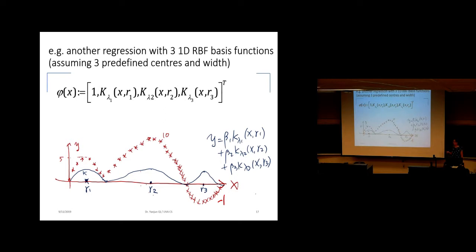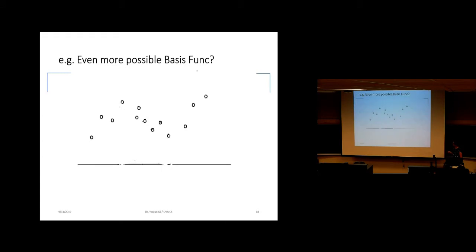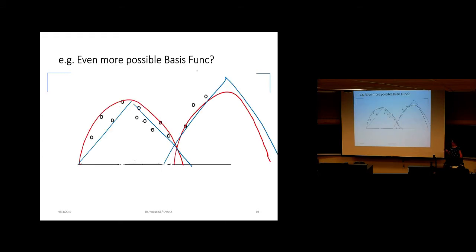It's also not just this RBF kernel kind of basis function. You can have even a triangle type of basis function. There's a lot of flexibility here, but you always need to design it. You need to know where the center is and what the shape is. There's a lot of design you have to put in there.